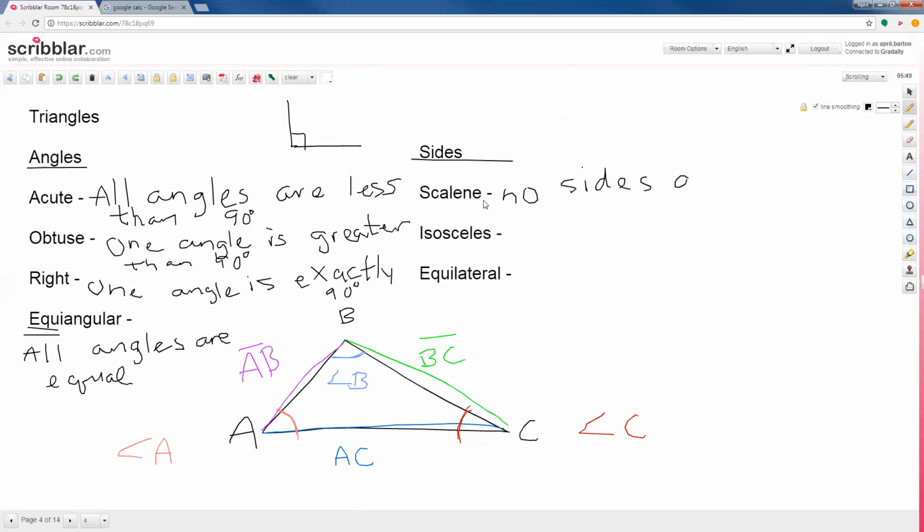You'll hear the word congruent a lot in geometry, and that just means equal, basically. And then isosceles is two sides are equal. And equilateral, again, you can hear that word equal in it. Equilateral is all sides are equal.